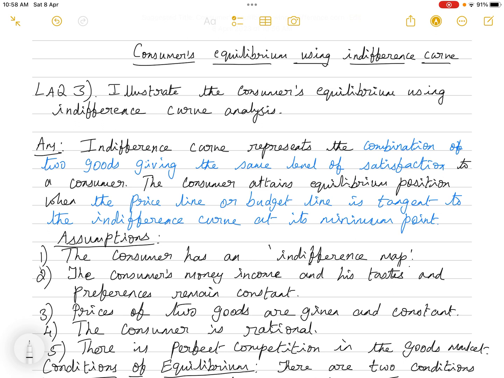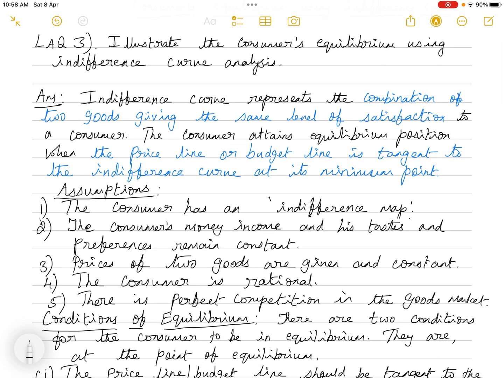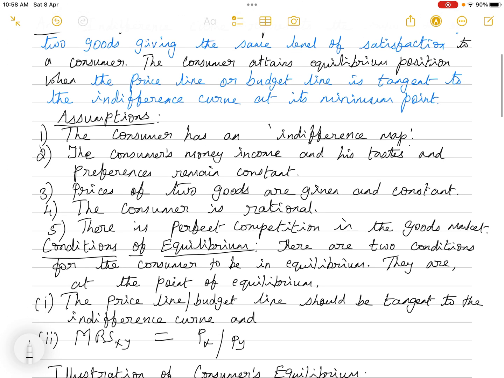So we have to superimpose the price line on the indifference curve. At whichever point the price line is tangent to the indifference curve at its minimum point, that combination the consumer will choose. That combination is going to give the consumer the equilibrium or maximum satisfaction position.